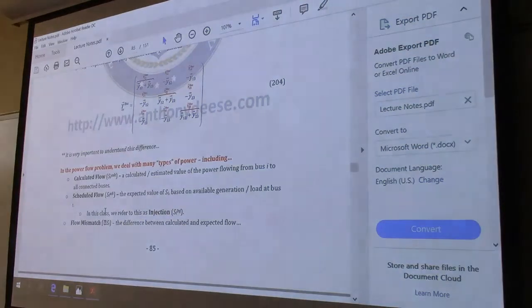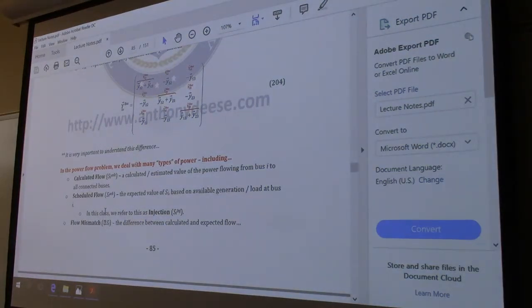The other kind, if you look back here, is the calculated flow or the calculated power. And so that is going to be the value that you get when you multiply V2 new times I2 new. Okay?